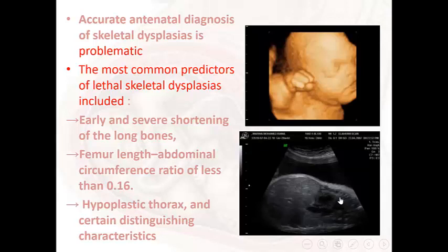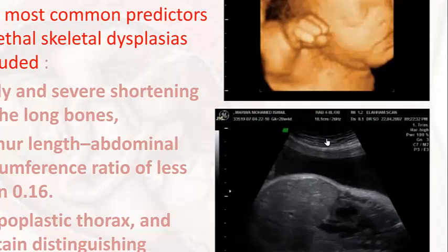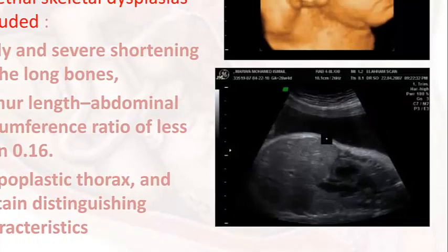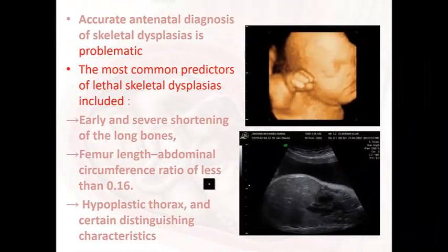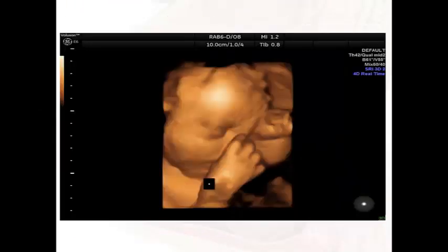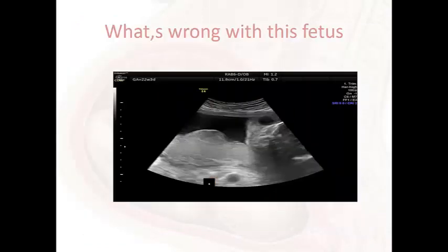This is the heart, and there is no lung at all. And this is the abdomen, and there is a hypoplastic thorax. This is one of the grave features of skeletal dysplasia. Note here, this is the hypoplastic thorax, lung hypoplasia. Okay. What's wrong also with this fetus?